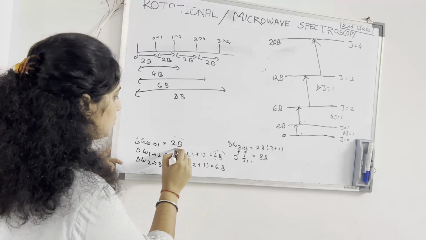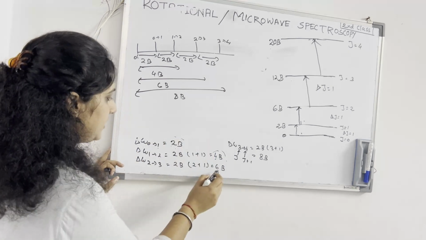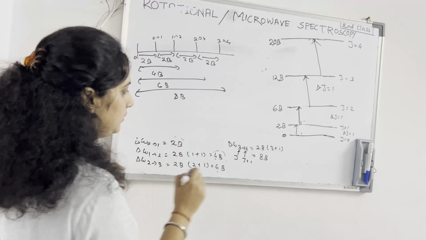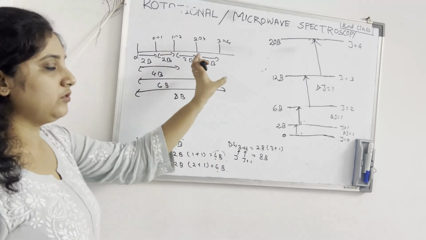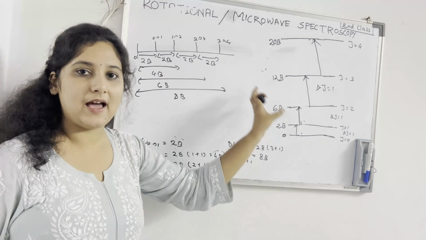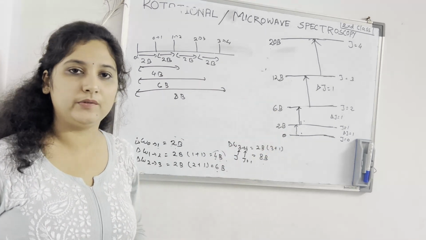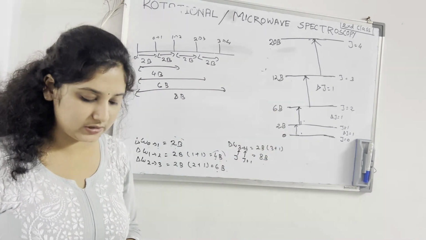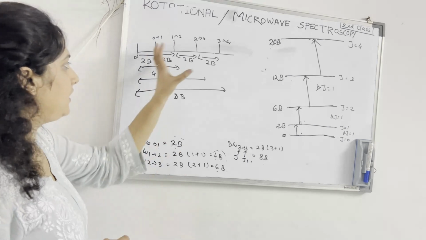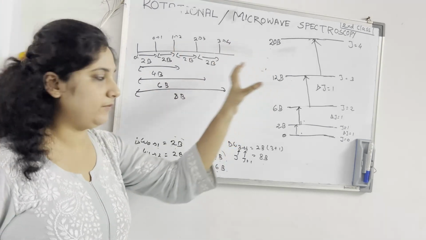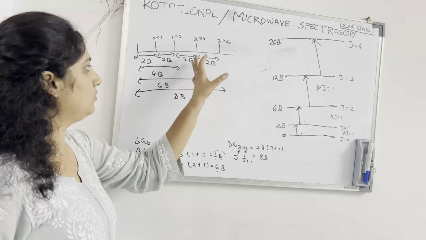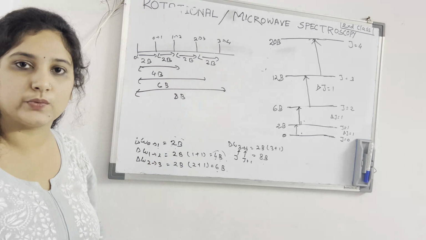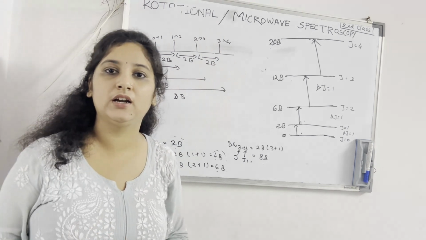So 4B minus 2B is equal to 2B. 6B minus 4B is equal to 2B. 8B minus 6B is equal to 2B. So the gap between the rotational energy lines we get in the rotational spectra is equal, the lines are equally spaced. The gap is 2B, 2B, 2B, and so on and so forth in case of the rigid rotor.